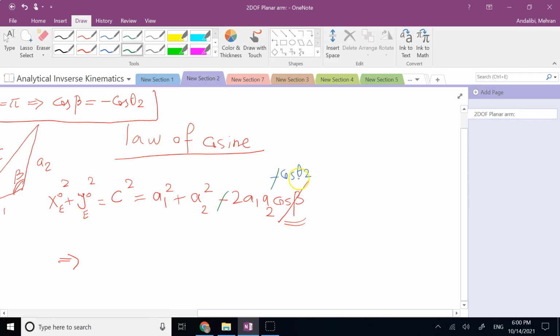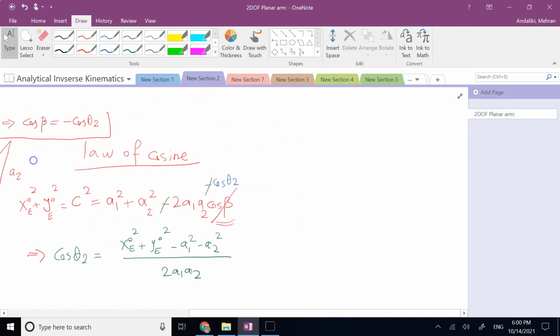So from here, I can directly find cosine of theta 2, which is going to be x of the end effector in base squared plus y of the end effector in base squared, minus a1 squared minus a2 squared, divided by 2a1 a2.